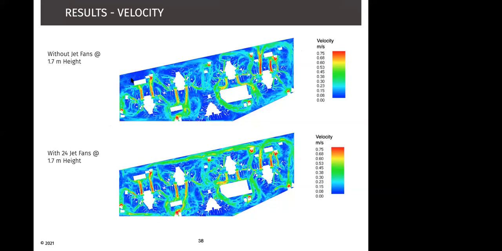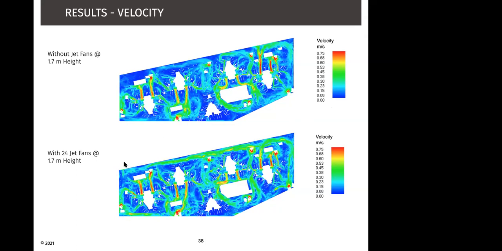And then you can also see that there are some zones which are not very well ventilated. So it's on the bluer side. So blue would mean anywhere below 0.1 is where we would want to see the flow stagnation and to rectify it. And bottom is where we have 24 jet fans.